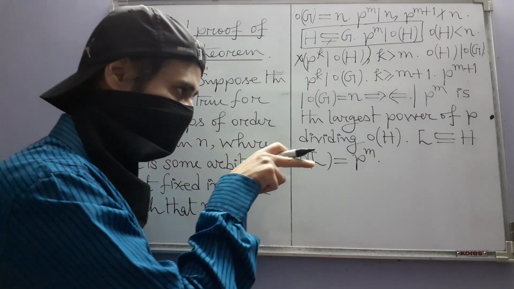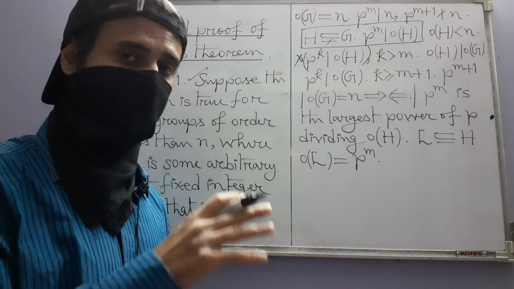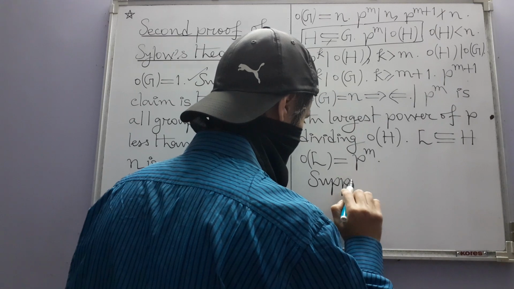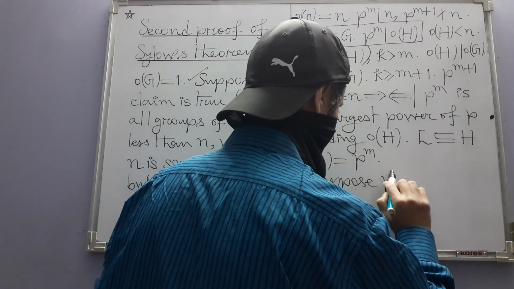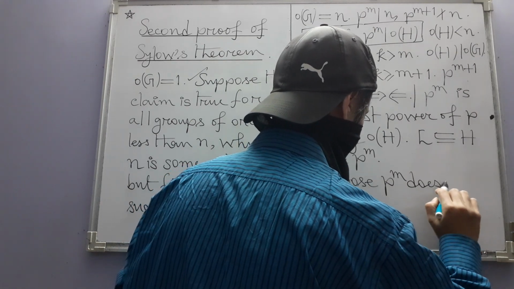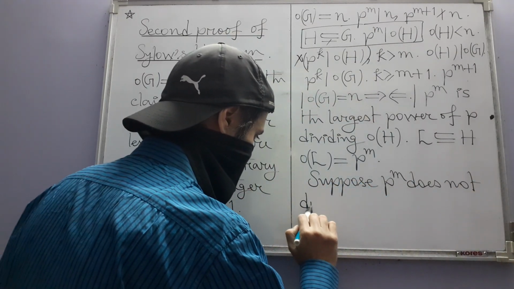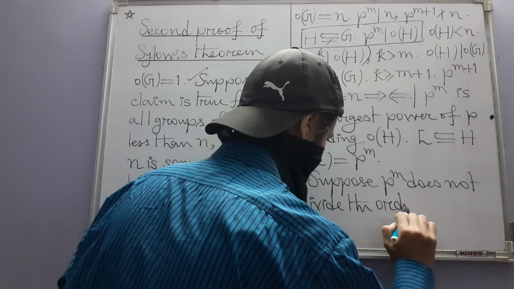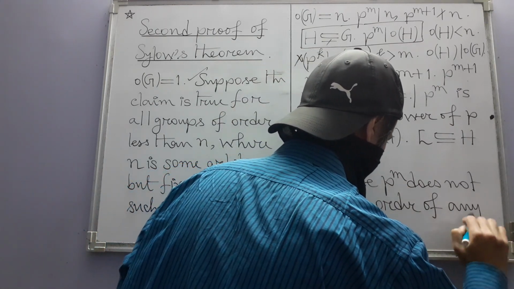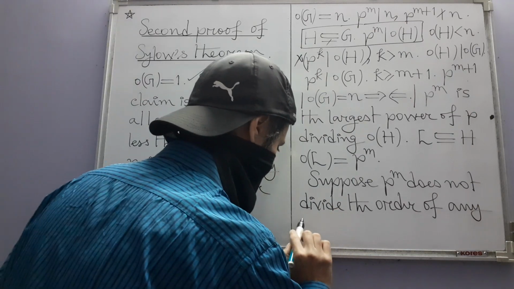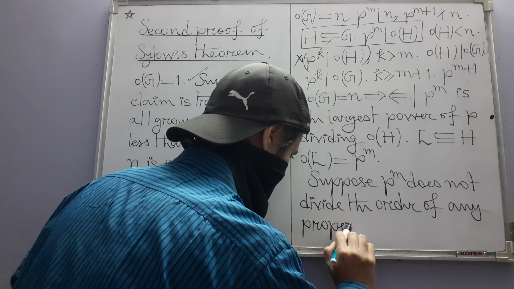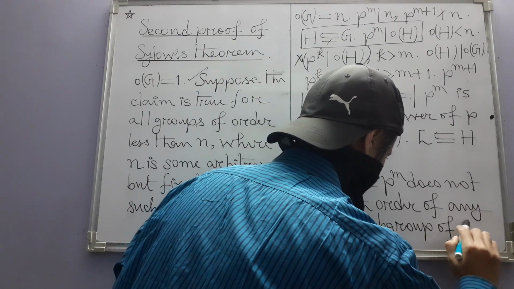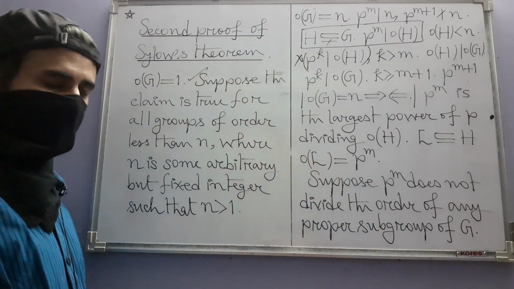Now we have a condition imposed on G: suppose P to the power m does not divide the order of any such H, that is, any proper subgroup of G. If there is such an H, then we are done.